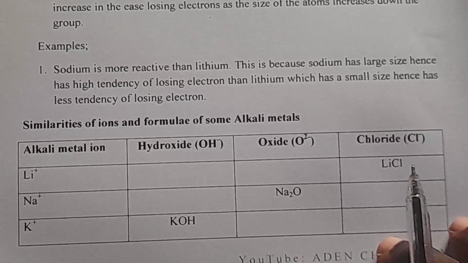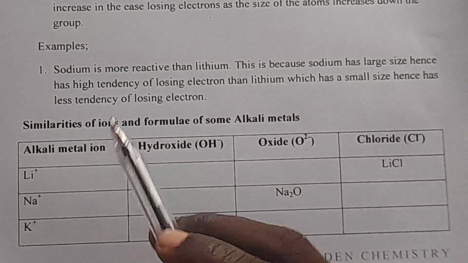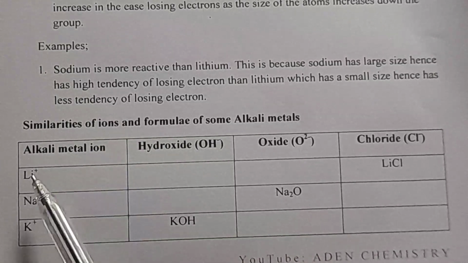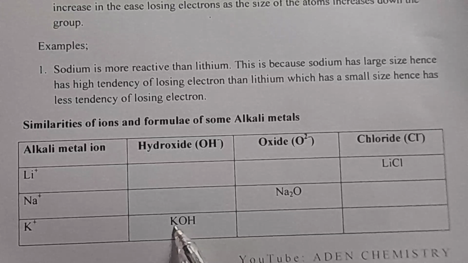Next, we are going to go to similarities of ions and formulae of some alkali metals. Here we have the alkali metal ions: lithium ion, sodium ion, and potassium ion. Here we have hydroxide ion, oxide ion, and also chloride ion. Here you are given one, potassium reacting with hydroxide ion, written KOH.